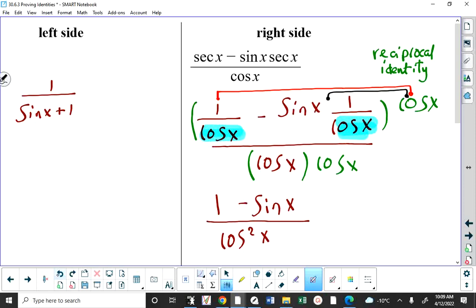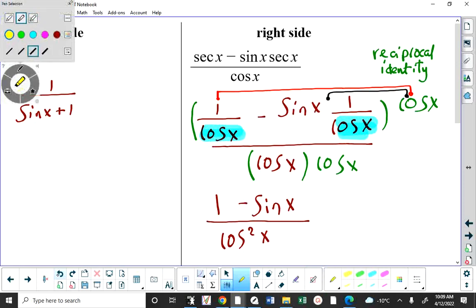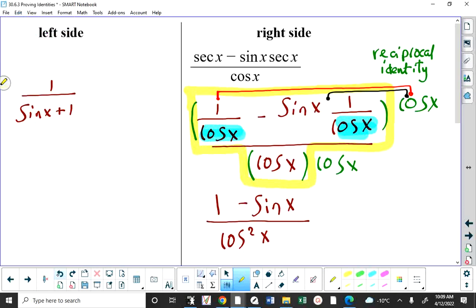Over here, we have what I'm going to highlight in yellow. That's the right-hand side. So we're looking before we start multiplying. So we have a denominator of sine of x plus 1. You can't divide by 0, so sine of x plus 1 cannot be 0.